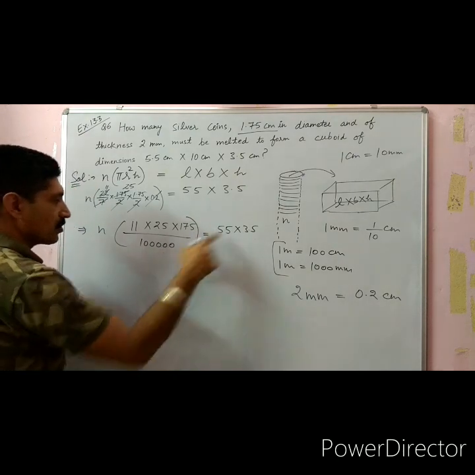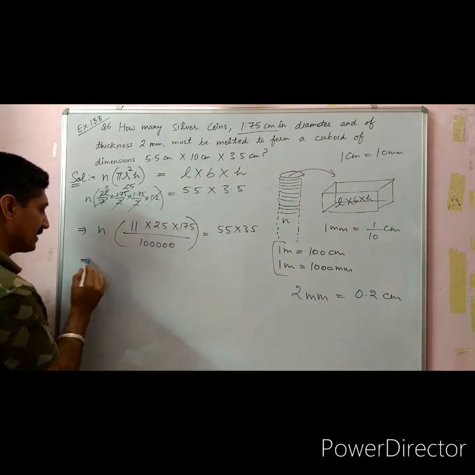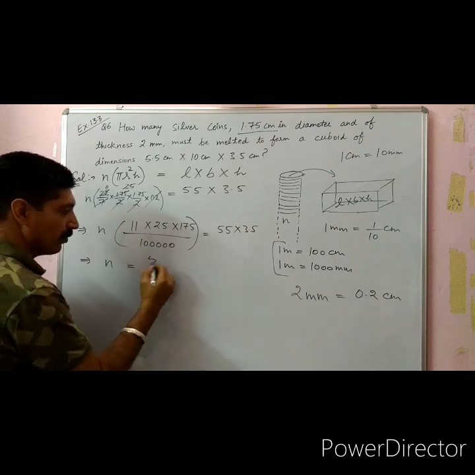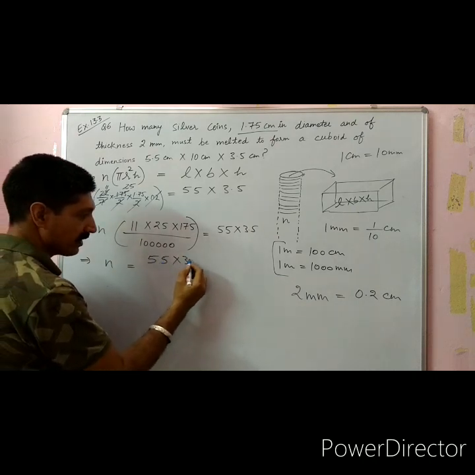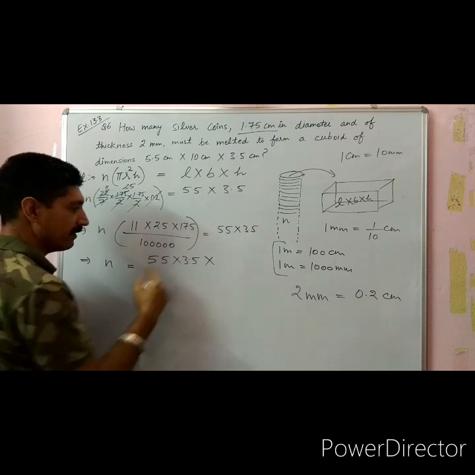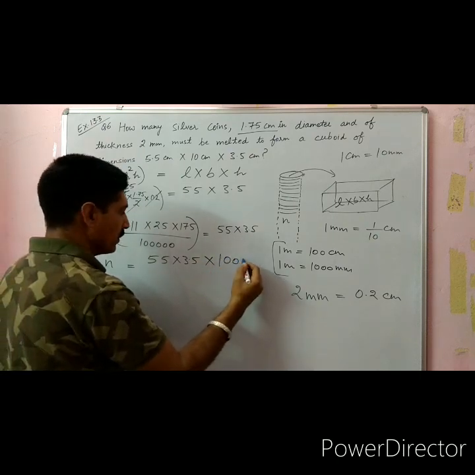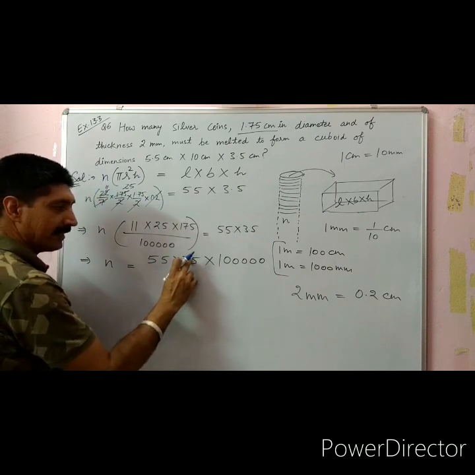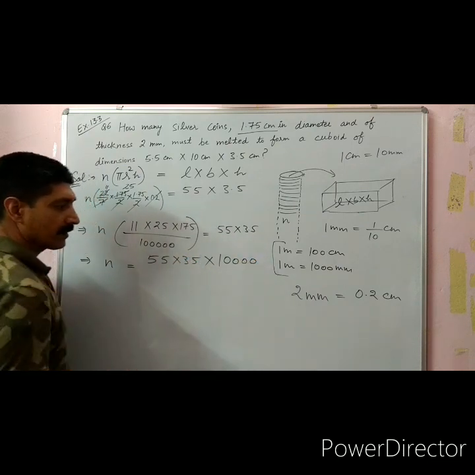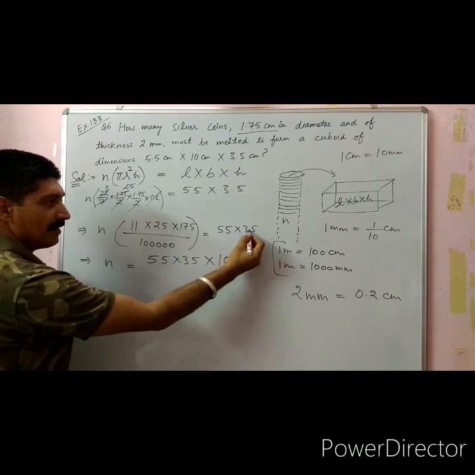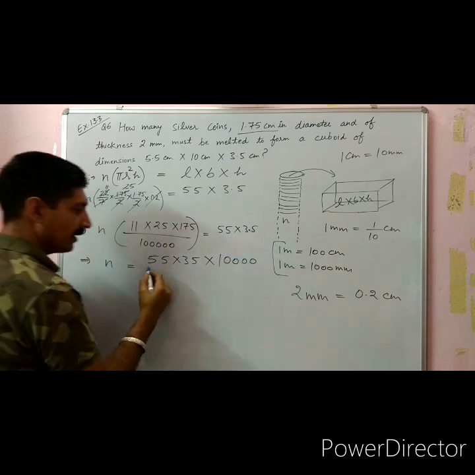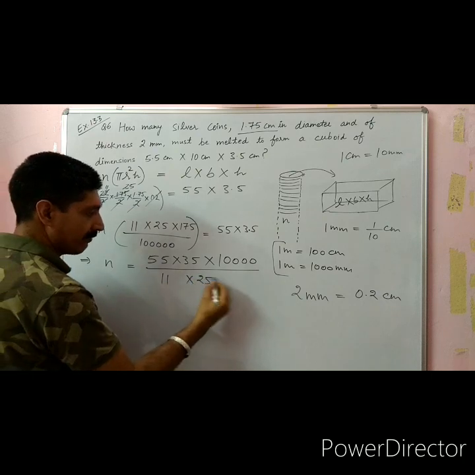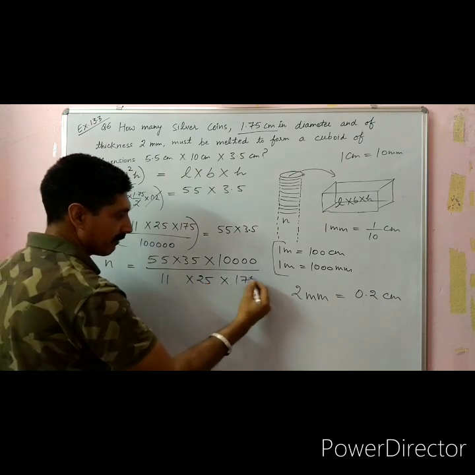So here cross multiply, this implies that the number of such coins is equal to 5 into 3.5 into the zeros. So one decimal we can cancel with 1 zero, this decimal with 1 zero, and here we have 11 into 25 into 175.